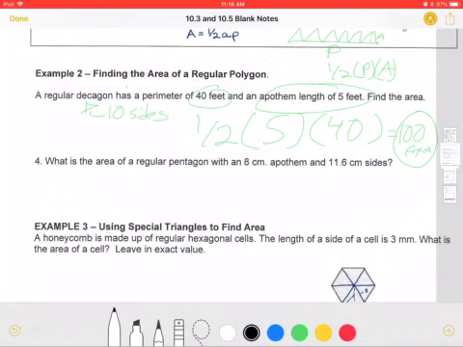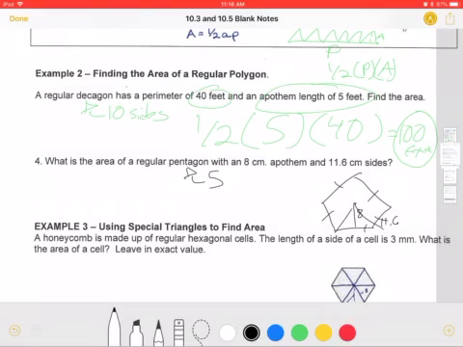So now with how many sides? 5. This I'll do a quick sketch of. We have an apothem of 8 centimeters, and our sides are 11.6 for all 5.